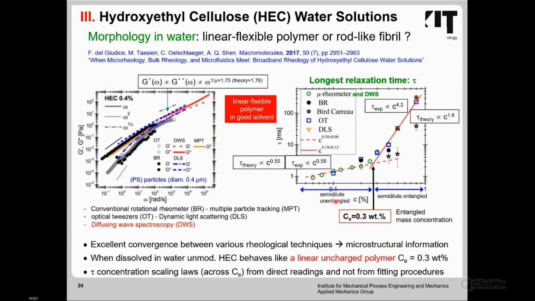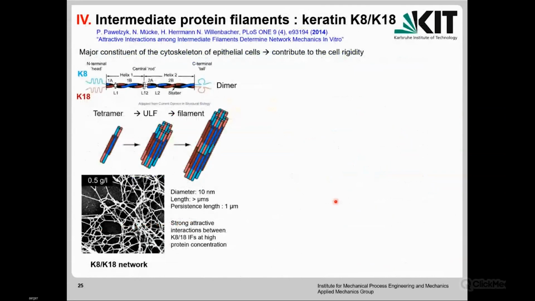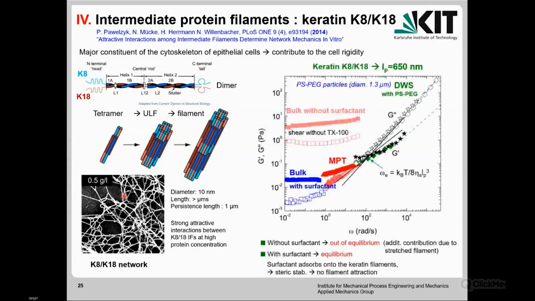In the last example, we also investigated a protein filament with DWS. It was keratin K8, K18. It looks like fibrils, filaments like that, and can form such a network. And basically from high frequency measurements, we measure for that system the persistence length.